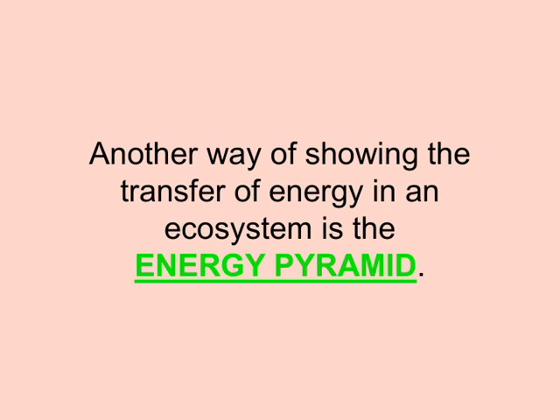And finally, at the top, we often see apex predators. The key point here is that energy decreases as it moves up the pyramid, which explains why there's usually less biomass at the top. This concept ties into the overall theme of energy flow and efficiency in ecosystems, highlighting how energy transfer shapes the structure and sustainability of these systems.